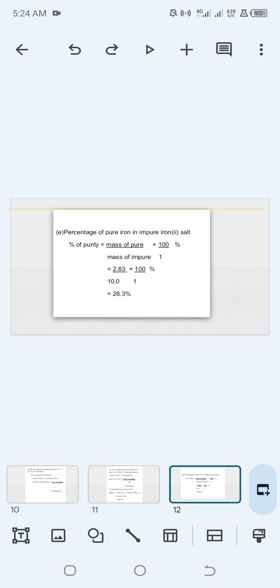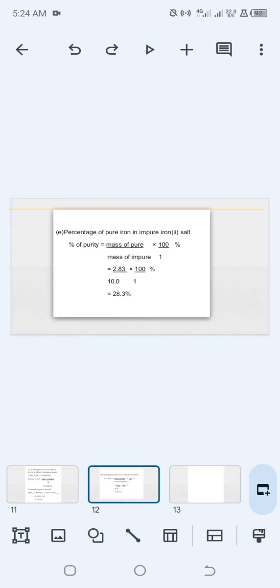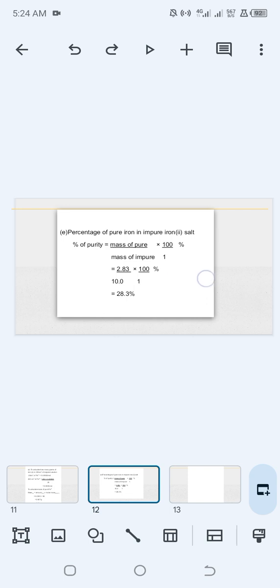Now let's say peradventure we have a question which says the percentage for the impure. After getting this, you just subtract it from 100. That shows 100 minus 28.3, which will be 71.7%.